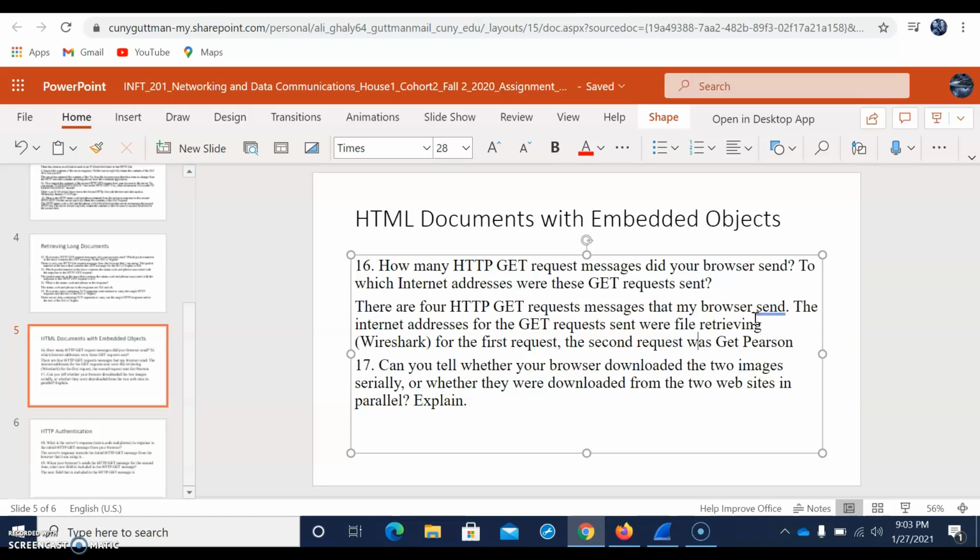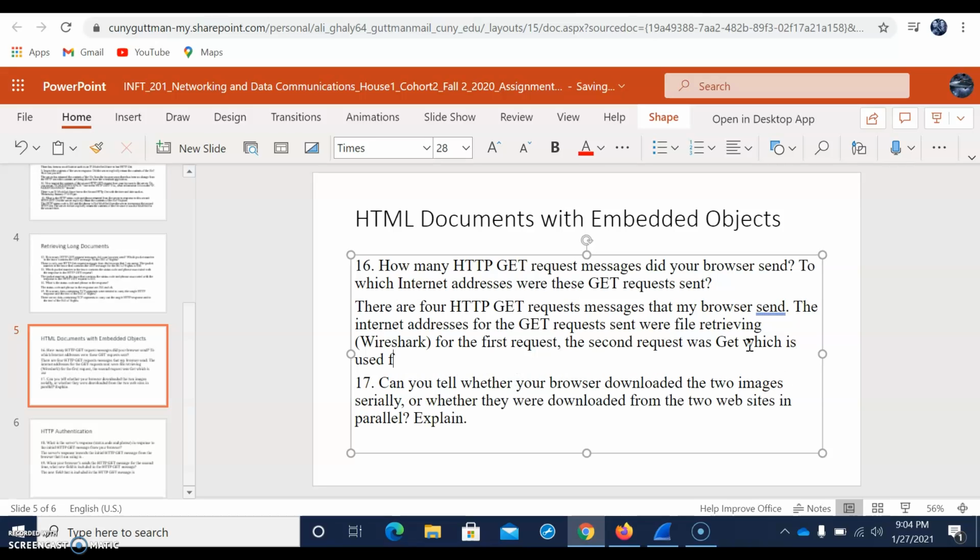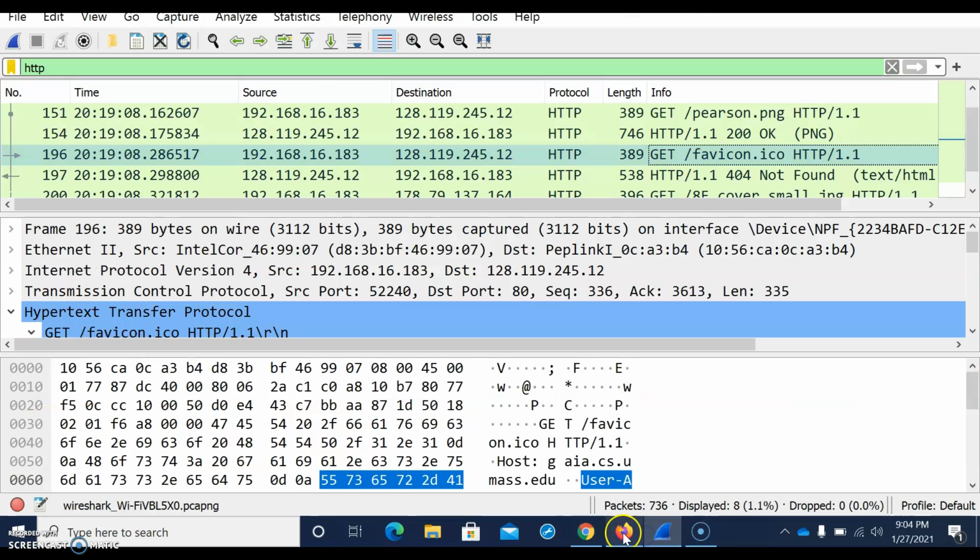For the first one, it was the file return, which is shown in Wireshark. The second one was the get Pearson, which was used for, I guess, the book image. How should I say?